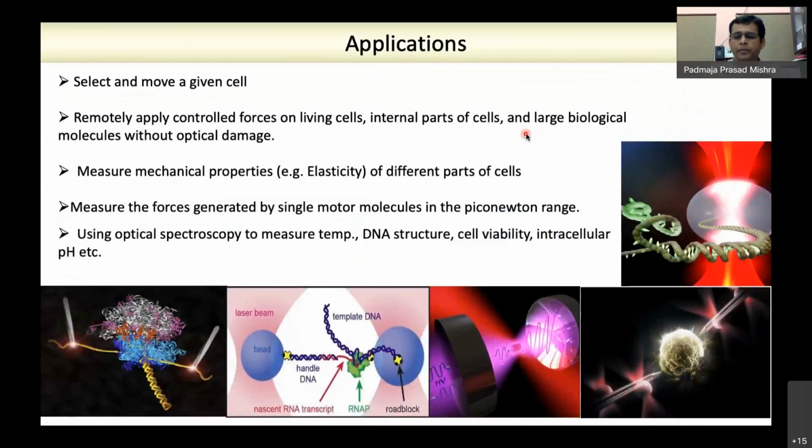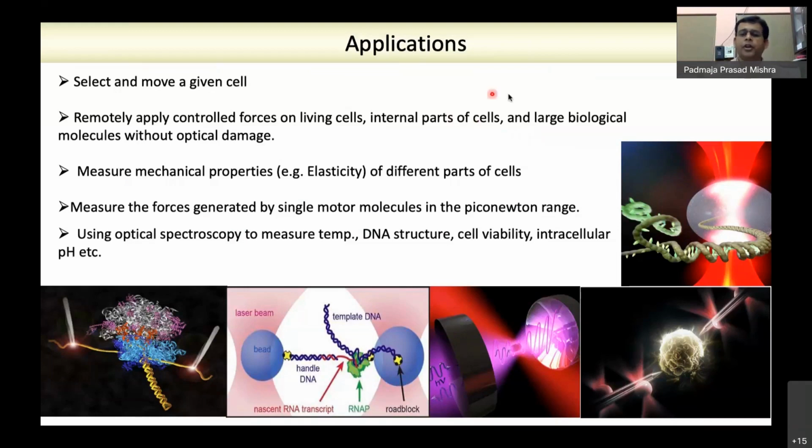Technically, what are the things you can do is select and move a given cell. You can easily trap a cell and move it the way you want. You can remotely apply control forces on living cells, even internal parts of the cells, because I said clearly the optical trap is able to trap even an object as small as an atom, which has been published by Professor Steven Chu.